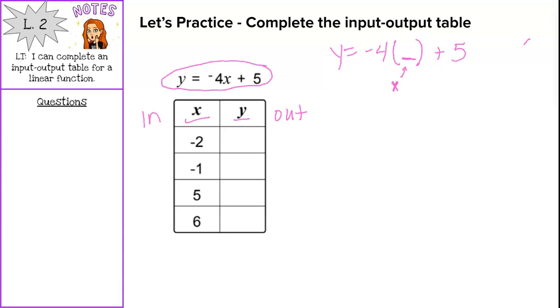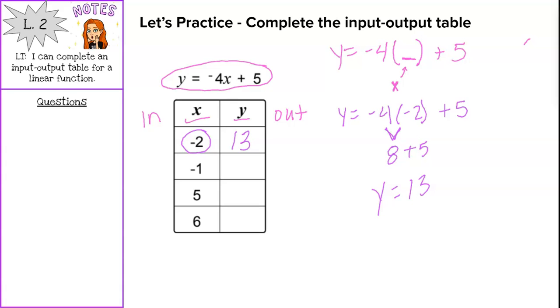The first value I put in is negative 2. So y equals negative 4, in this parenthesis I'm going to put negative 2, and then plus 5. Now we just have to evaluate. Negative 4 times negative 2, that's positive 8. 8 plus 5, that's 13. So y equals 13.